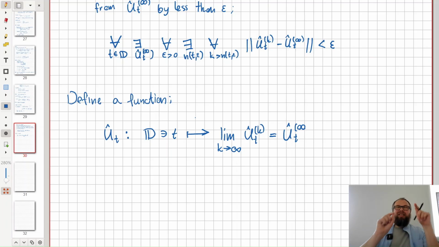So this is a new function that assigns to each argument the limit of a value sequence. Okay. So this is what is happening here.